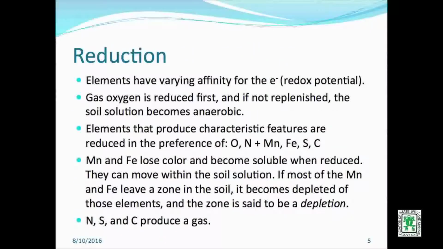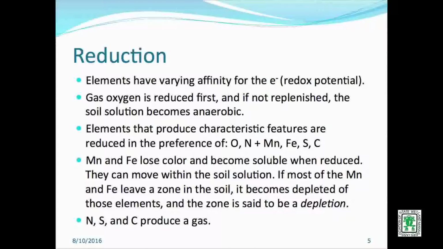All right, as far as reduction goes, elements have varying affinity for the electrons. Those that have the greatest affinity for the electrons that are released during decomposition of organic matter are said to have high redox potential.